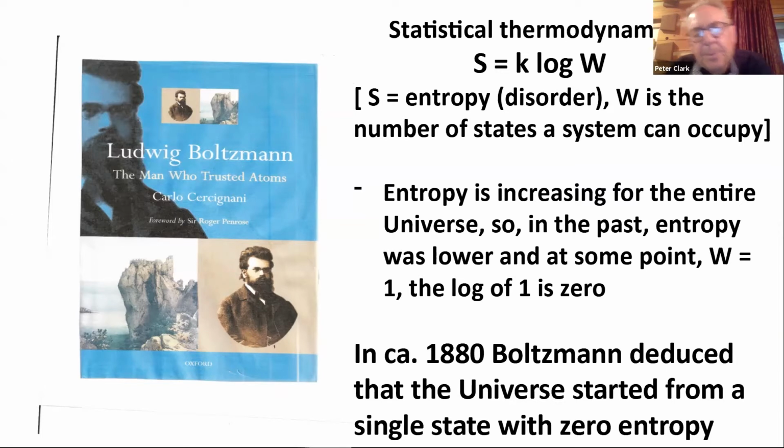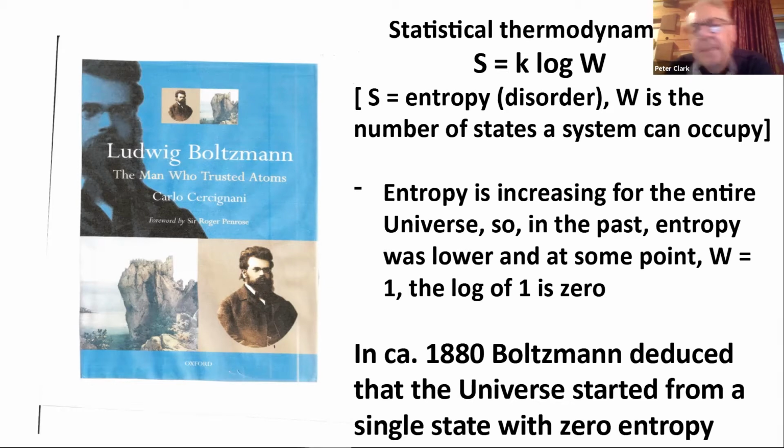And Boltzmann's major achievement was to describe thermodynamic systems using statistical approaches to describe the behavior of countless billions upon trillions and trillions of molecules. So using statistical means, he was able to derive then ways of calculating important thermodynamic parameters.